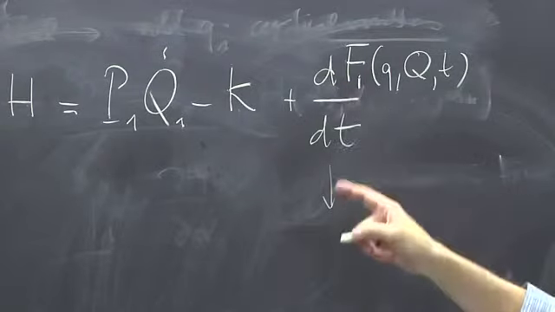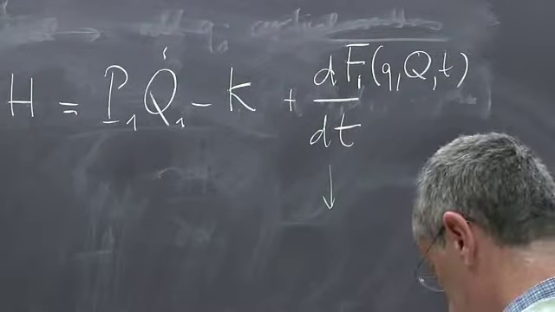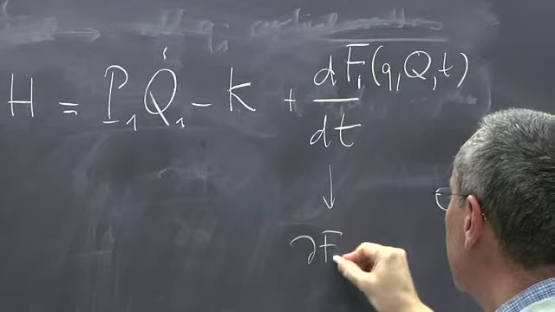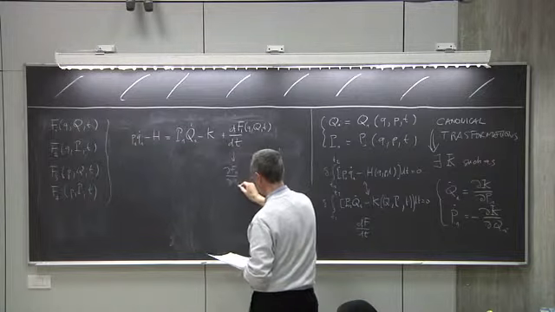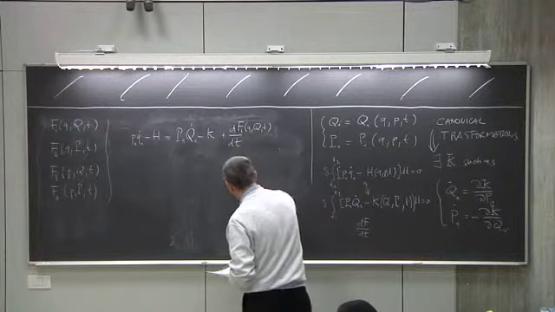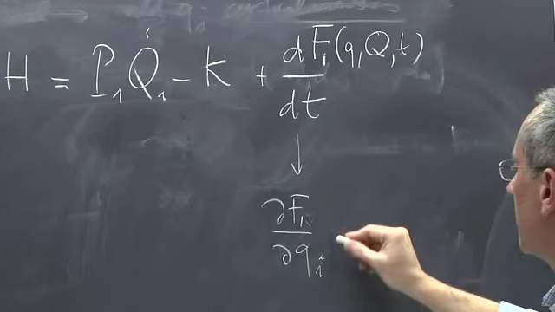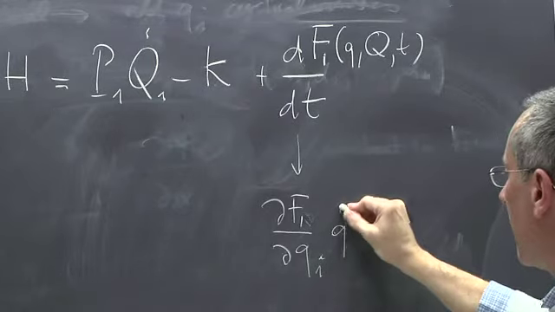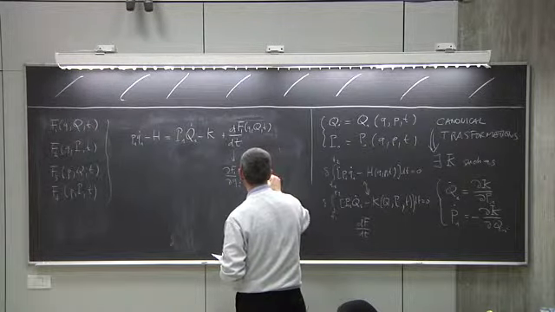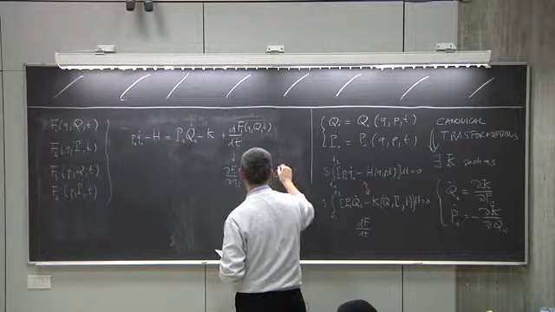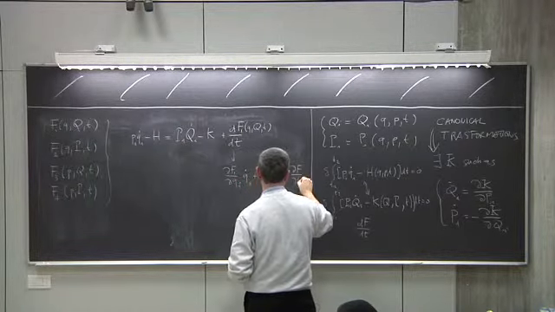I can always write the total derivative of a function as the sum of the partial derivatives: dF1/dq_i times q_i dot, plus dF1/dQ_i times Q_i dot, plus maybe dF1/dt.